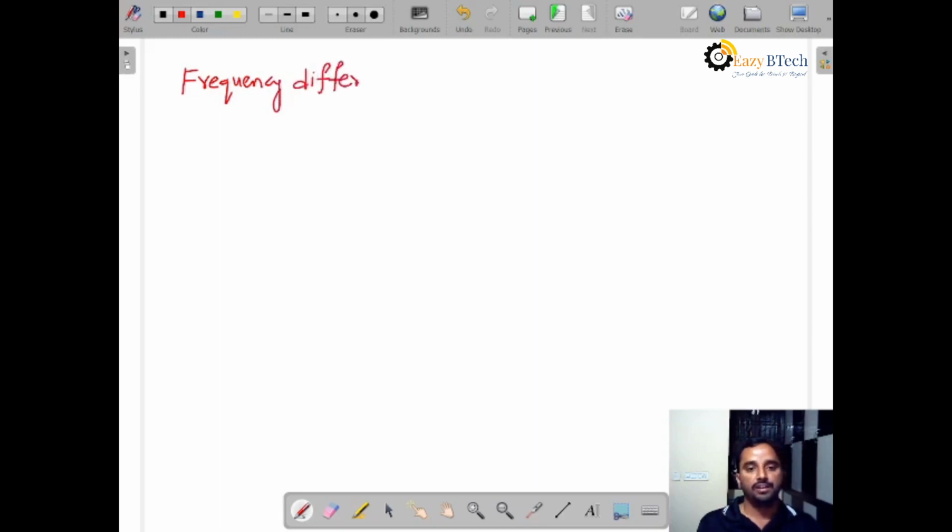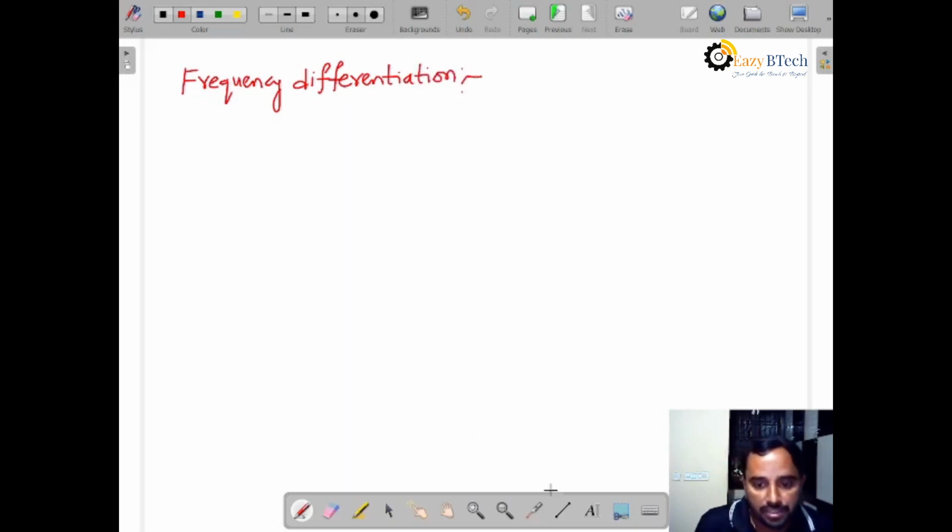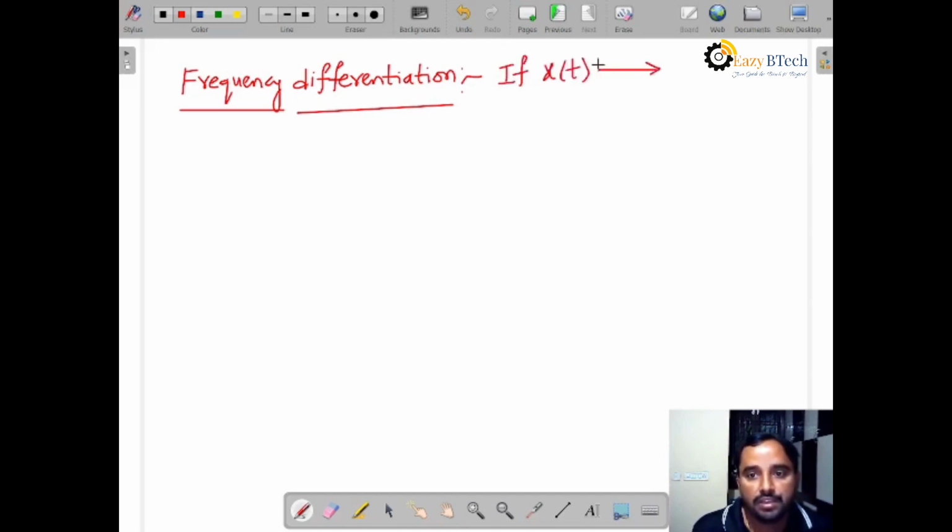Frequency differentiation property. So first see the definition, then see the proof. Let's take the definition, or statement, first. If x of t Fourier transform is X of omega, then frequency differentiation means d by d omega of X of omega.